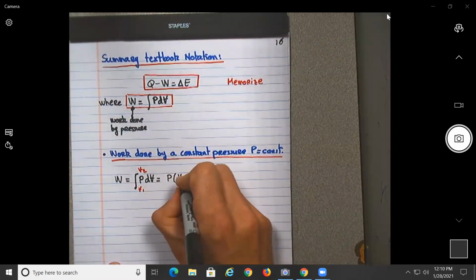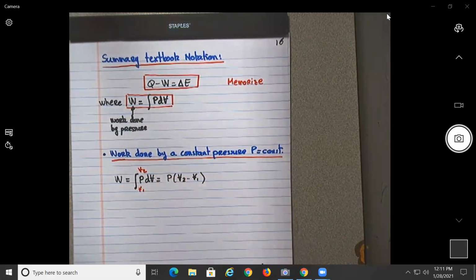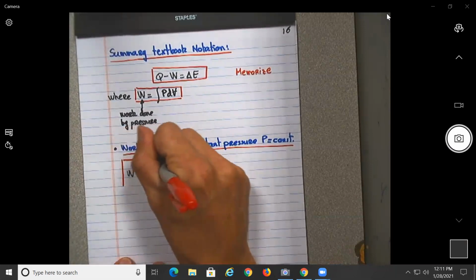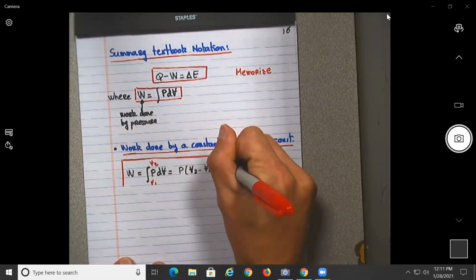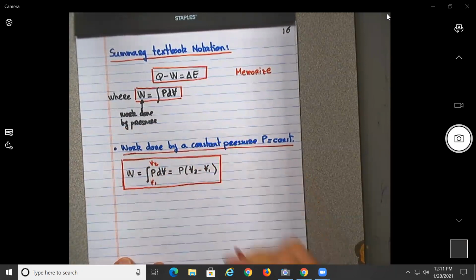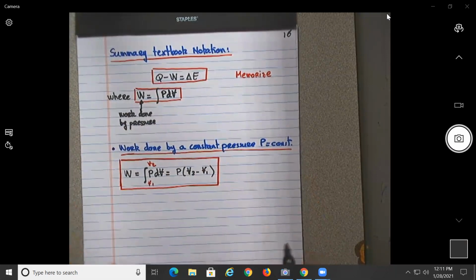P times (V2 minus V1). Yeah? Was this complicated? Okay, so this is the work done by a constant pressure.